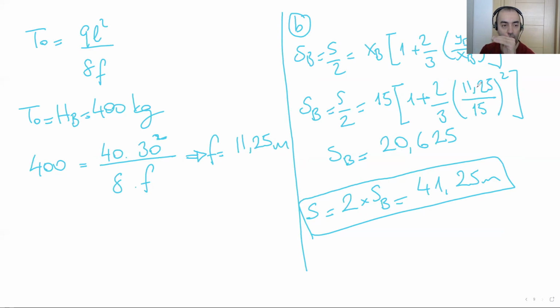So the tension force on the cable is a combination of these two, horizontal and vertical forces. But at the bottom, we have only the horizontal force, which is T0. That's why it is the minimum tension load on the cable.